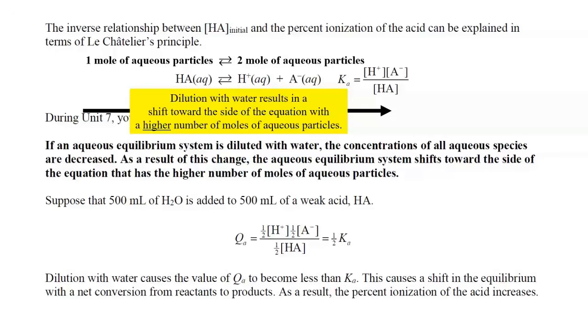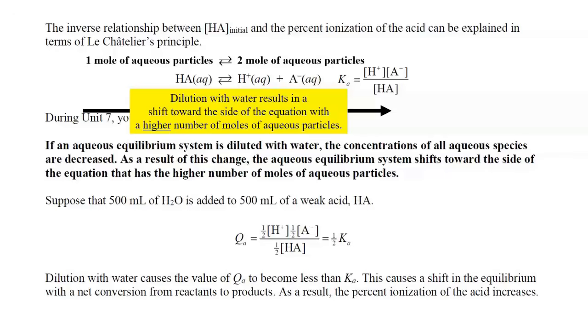So you can see 1/2 times the concentration of H plus, 1/2 times the concentration of A minus, and 1/2 times the concentration of the weak acid. But as a result, because there are 2 aqueous species in the numerator and only 1 aqueous species in the denominator, dilution with water causes the value of Q to become less than K.